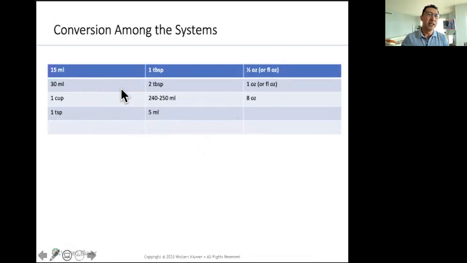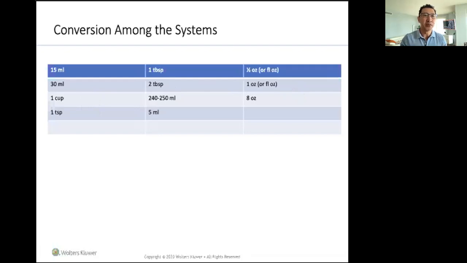So my 15 mL is really 1 tablespoon or half an ounce. 30 mLs is also 2 tablespoons, because 1 tablespoon is 15 mL, or 1 ounce. 1 cup, I know this a lot because I drink a lot of coffee. 1 cup is 240 mLs.